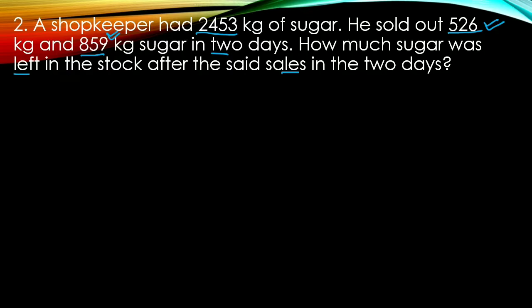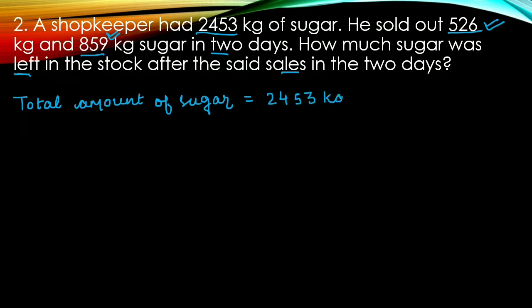Now we have to find out how much sugar was left in the stock. So to find sugar left in the stock, we will subtract this sum from the total amount of sugar, that is 2453. So total amount of sugar is equal to 2453 kg.